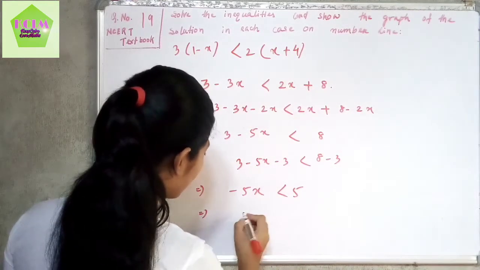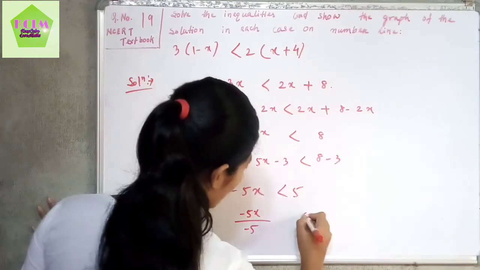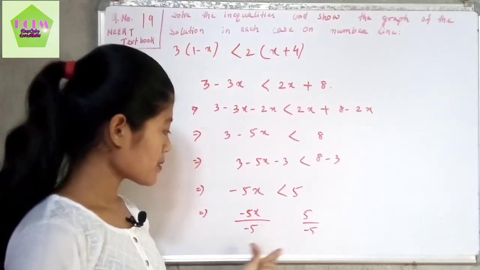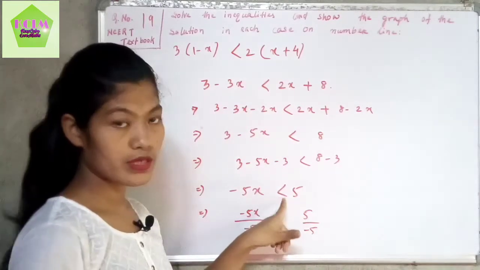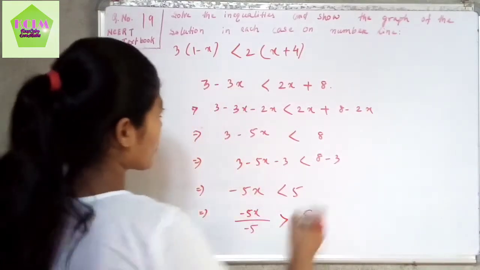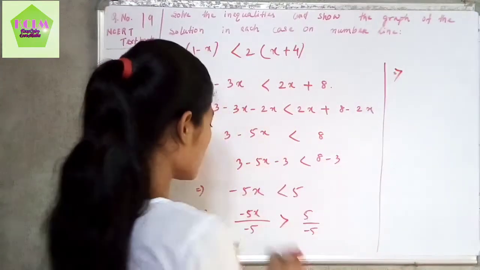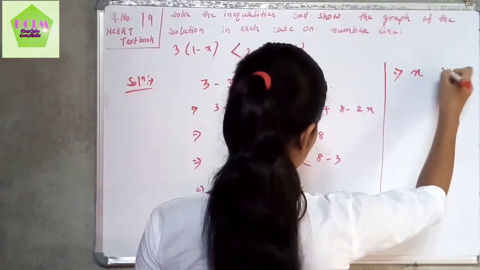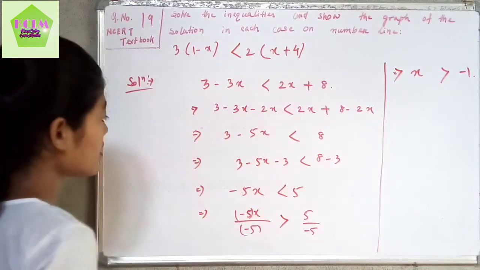Then it will become minus 5x by minus 5, 5 by minus 5. Since the quantity minus 5 is negative, the sign of this inequality gets reversed, so less than becomes greater than. Now minus 5 and minus 5 cancel out, so x greater than minus 1, right?